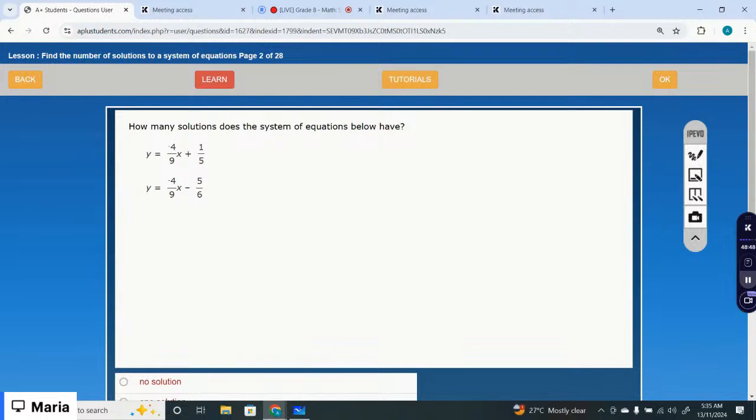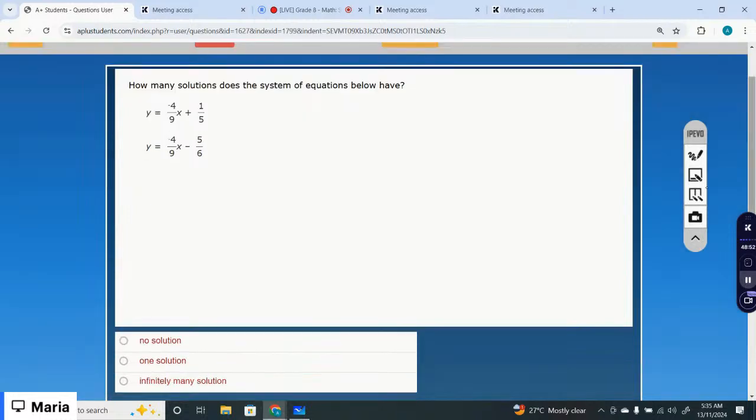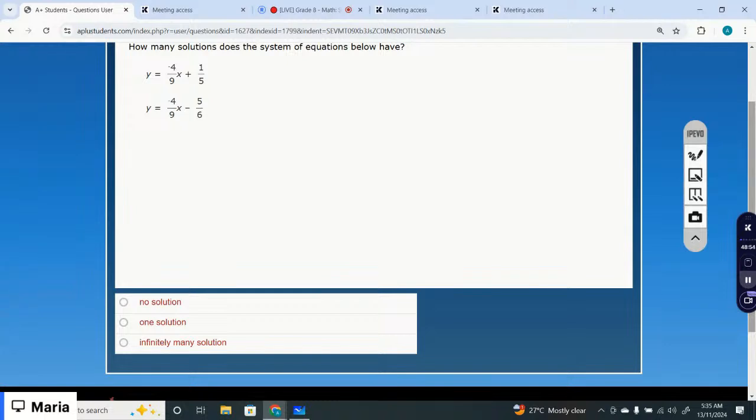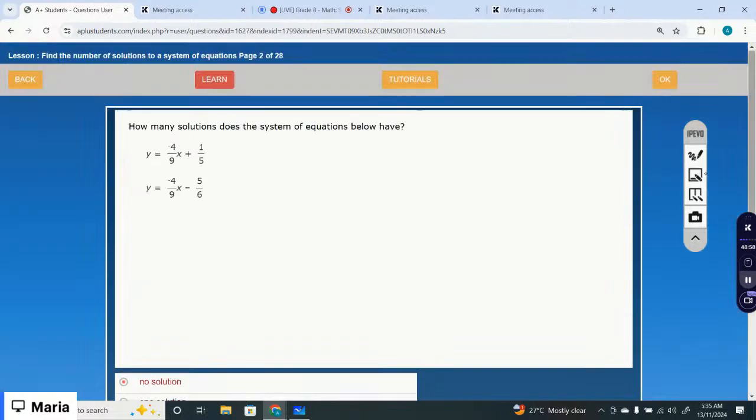If two equations have exactly same slope, that means the equations are parallel and they have no solution. The correct option is option number 1, no solution, right?